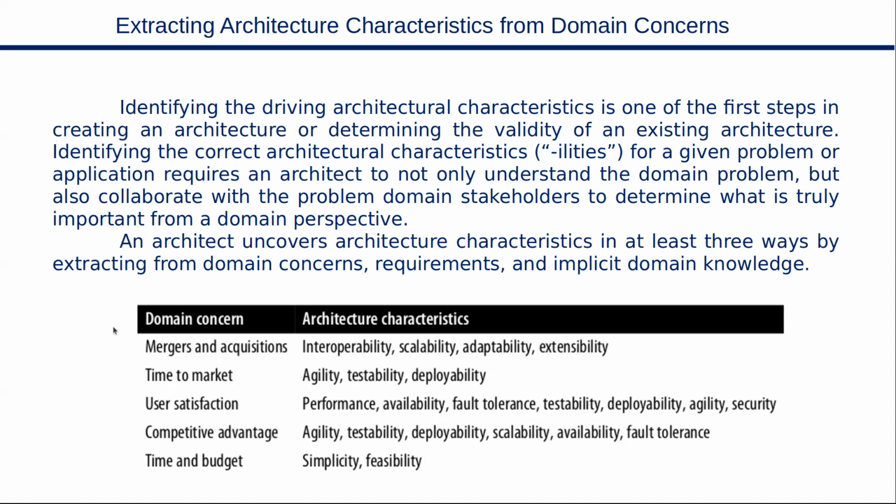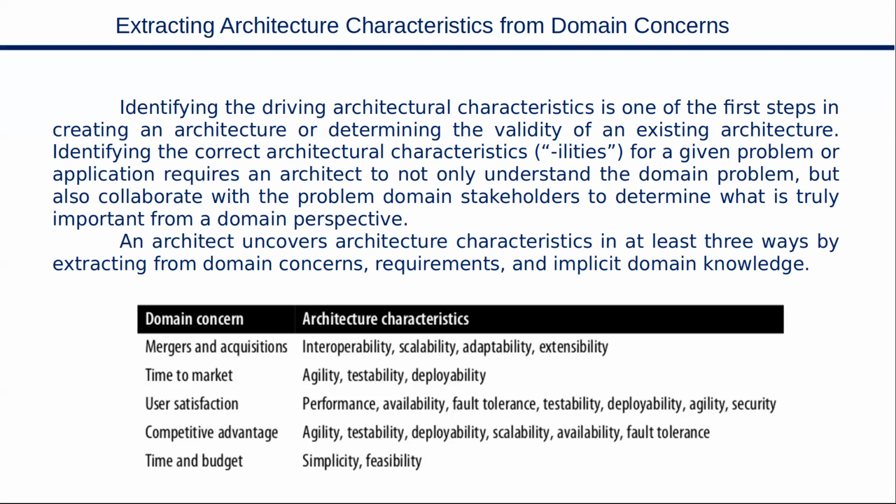When you hear somewhere during the discussion that one of the concerns is mergers and acquisitions, you have to understand that from your perspective, you have to work with interoperability, scalability, adaptability, extensibility. If you see points like time to market, for us it is quite important to go to the market as fast as possible.